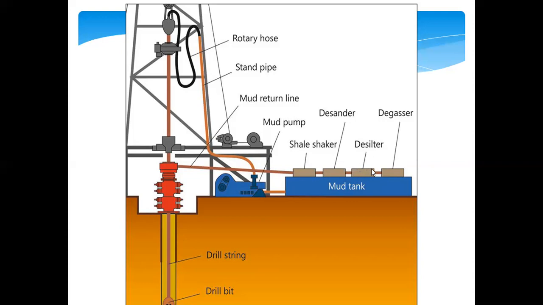Okay, and then through a degasser to take out the gases. And in this case, the mud is ready to be pumped again and again and again. And this is called a circulation system. And now we know this is a quick video about the functions of drilling fluid and the equipment that we use in the field of drilling.